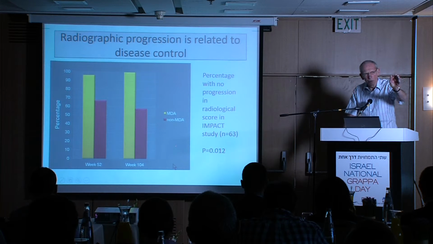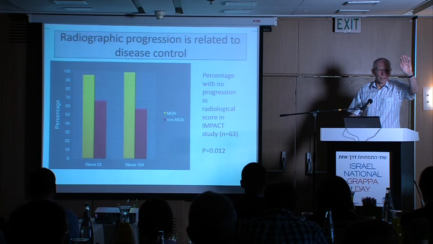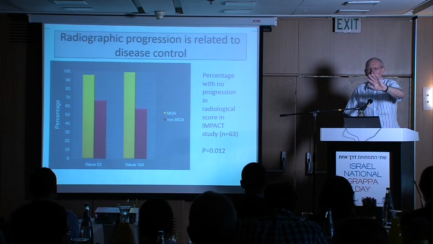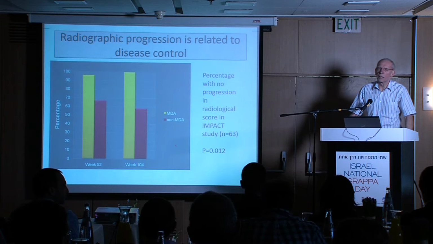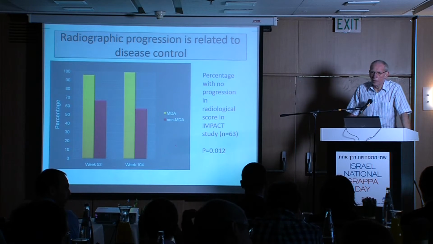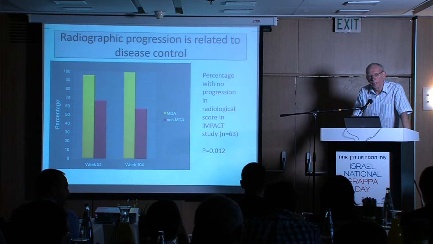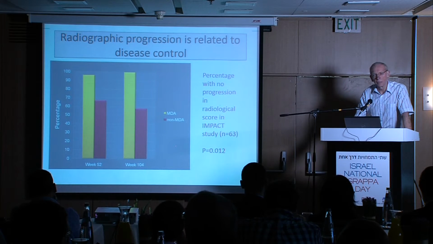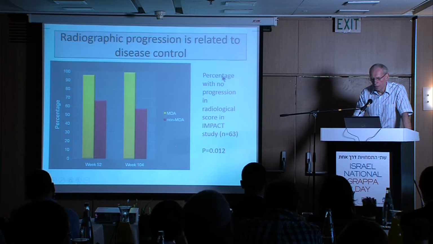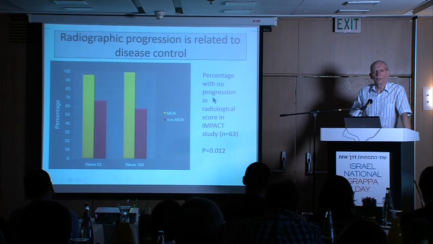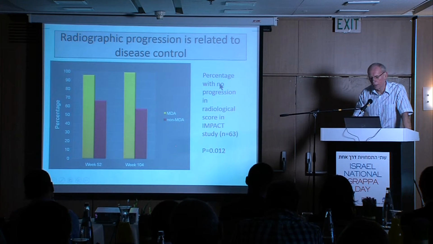And at the back of the room there, I see, well, there was yesterday, the results of the TICOPA trial, the first treat-to-target study, using MDA as a target, showing better outcomes at 48 weeks. So I think MDA is going to be something you'll see coming out in clinical trials and a target to achieve.